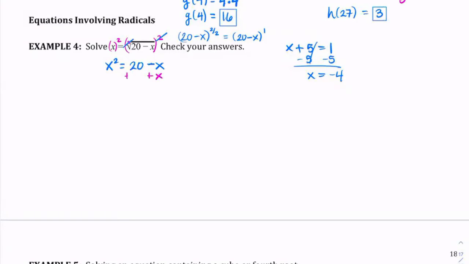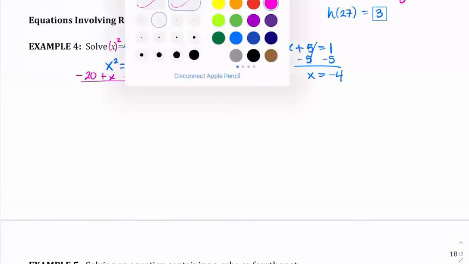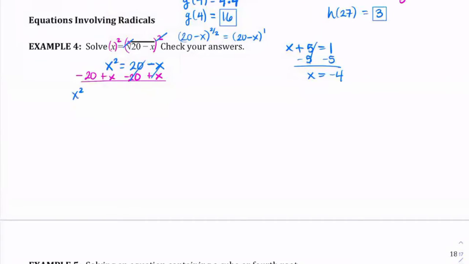First, when we have 3 terms here, the x squared, the x, and then the constant term, we want to get all of the terms on one side and everything else on the other. So we're going to subtract 20 and add x to and from both sides. So we get x squared plus x minus 20 equals 0.